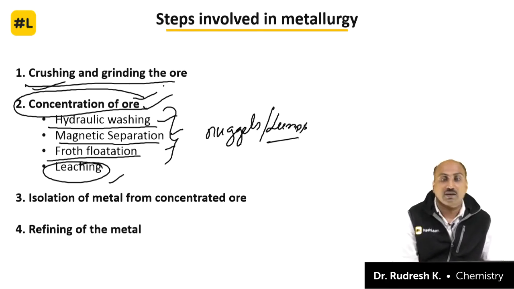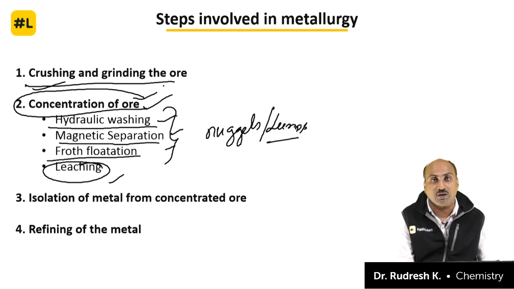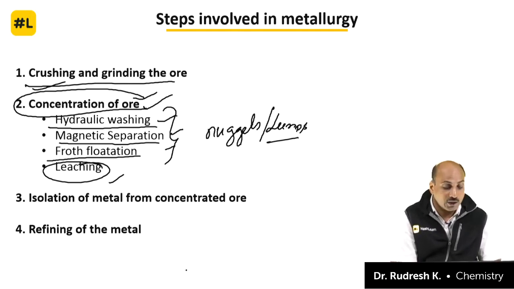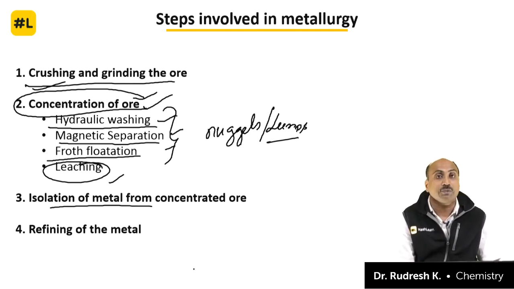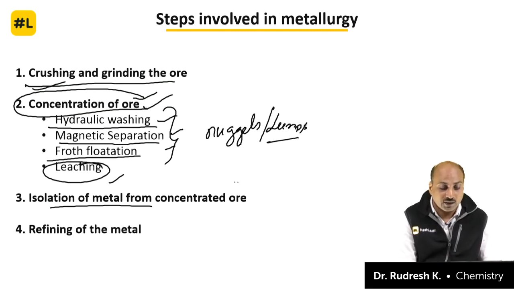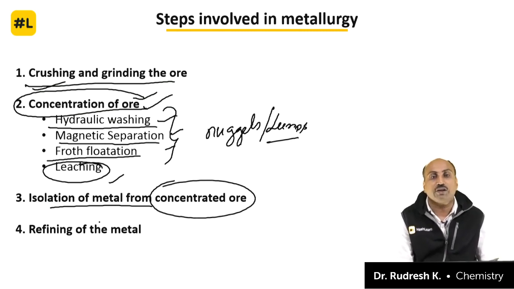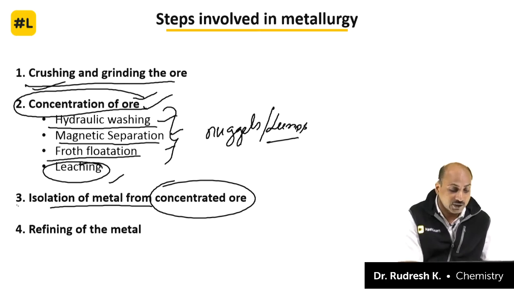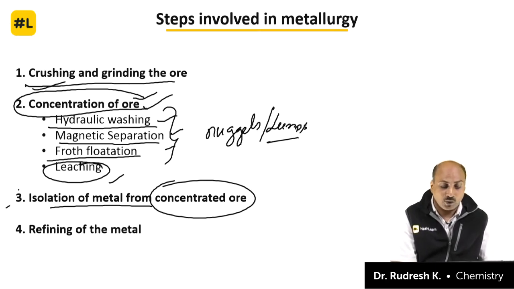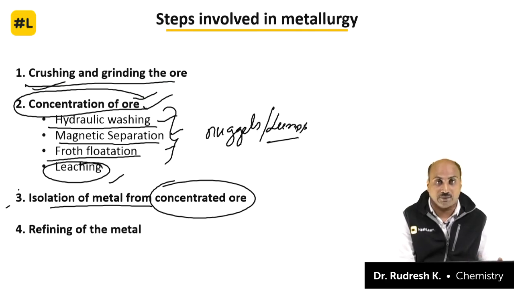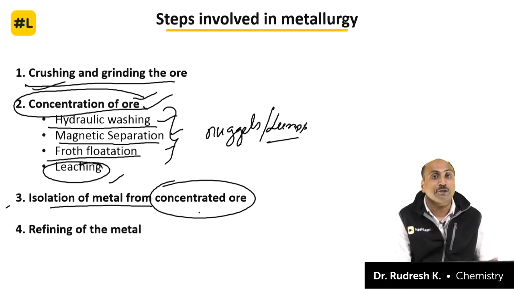Next, once we concentrate the ore for enriching of the metal, then we go for isolation of metal from the concentrated ore, because this will avoid the majority of the investment of energy onto the system. So, that is why this will be the third step. Once we obtain the crude metal, the moment I say isolation, we are not able to get 100% pure metal; you will be getting a crude metal which goes from 95% to 98% purity.